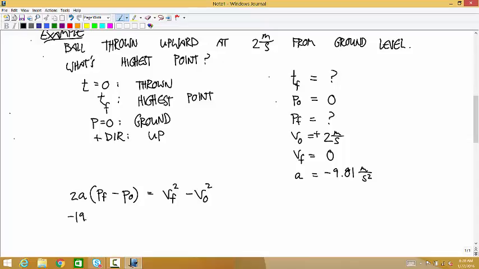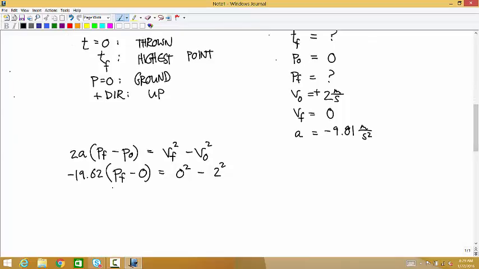So negative 19.62 times P final minus 0 is equal to 0 squared minus 2 squared. And so negative 19.62 P final is equal to negative 4. The negatives cancel.